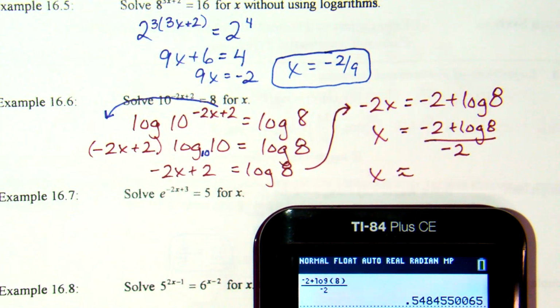AP Saxon book, I have it written with 4 decimals in my notes. So 3 to 4 decimal places would be good here. 0.548 and then 5, because the 5 tells that 4 to go up if you have 4 decimal places. Otherwise, it's 0.548.